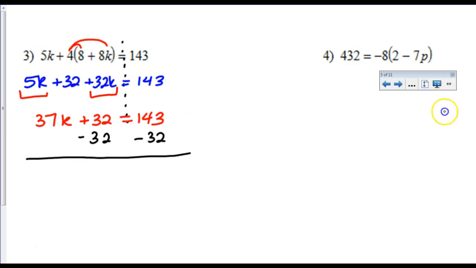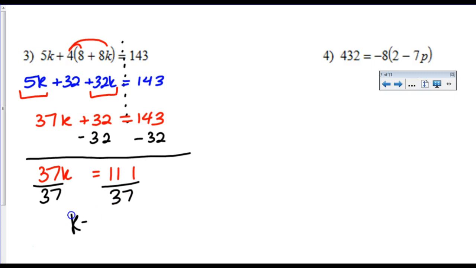And we are left with, let's see, 37k equals, oh boy, 111. And then dividing both sides by 37. I'm guessing that is 3. But I'm going to consult my answer key. And it is. K equals 3.